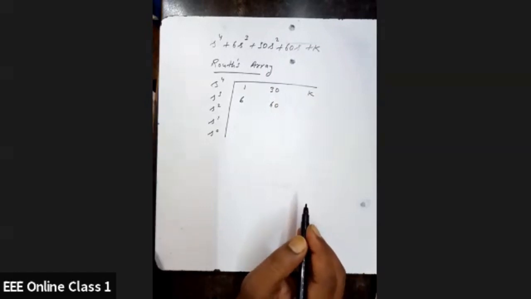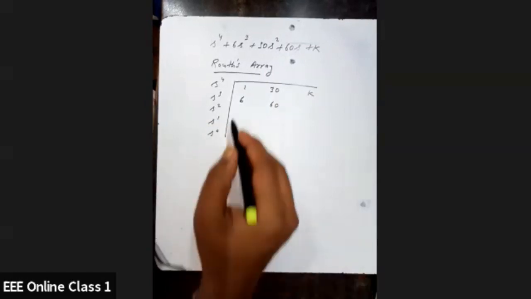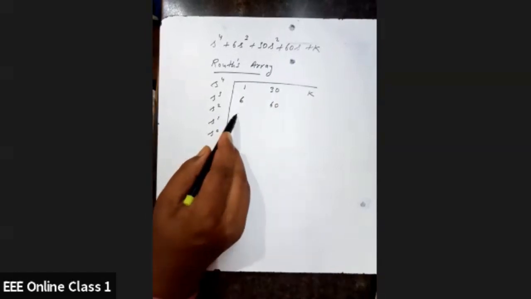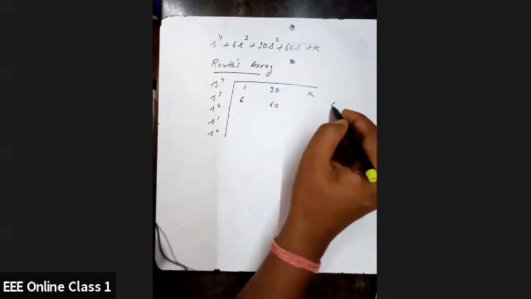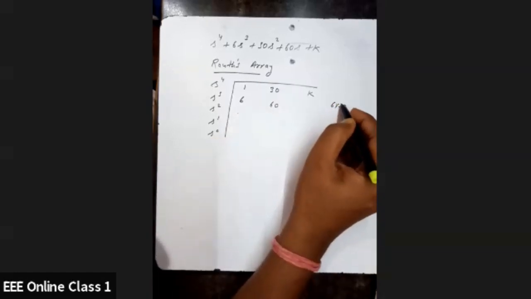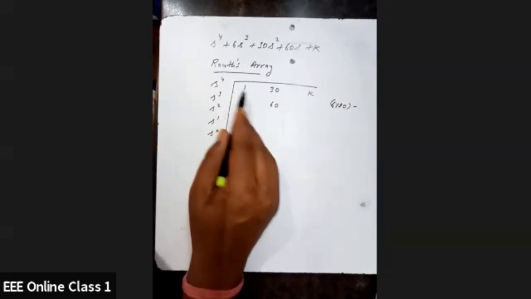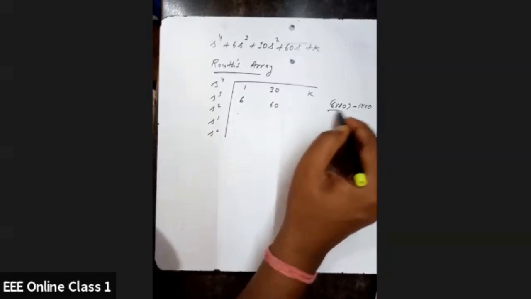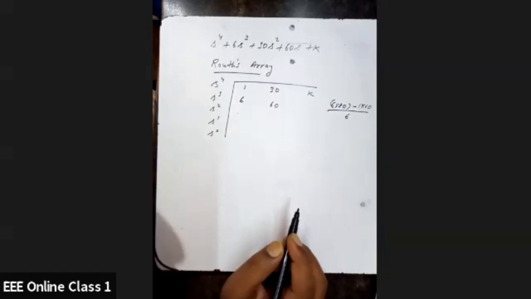Now let us fill the row S square. To find the first element, we have to multiply 6 into 30 minus 1 into 60, divided by 6. So I'll repeat again.